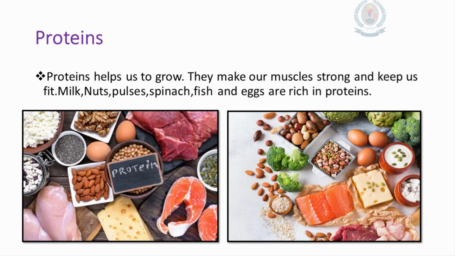So you can see in those pictures the food items available under the nutrition category proteins, right? The milk, the nuts, pulses, spinach, fish and eggs. These kinds of food items are rich in protein. So let's move on to the other category of nutrition.